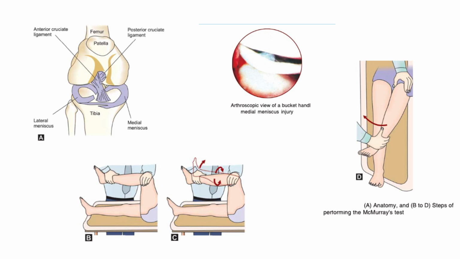Meniscal tears resulting from vehicle accidents are also associated with an increased incidence of meniscal lesions in this particular age group. There are also classifications of meniscal injuries dependent on the location, thickness, and resulting stability.